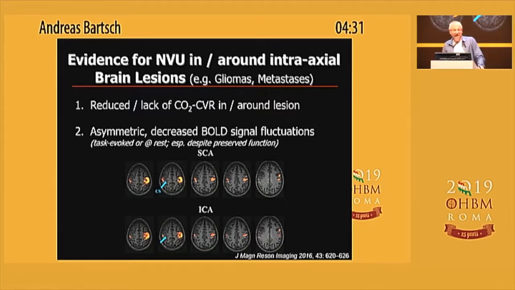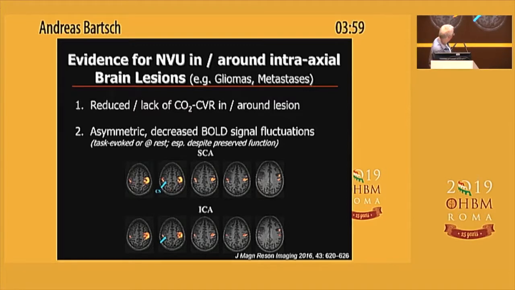So there are two lines of evidence making a case for NVU in or around intraaxial brain lesions, such as gliomas or metastasis. One is a reduced or absent cerebrovascular reactivity in and around the brain lesion, and the other has nothing to do with cerebrovascular reactivity mapping per se, but is just measuring asymmetric or decreased BOLD signal fluctuations, like in this patient.